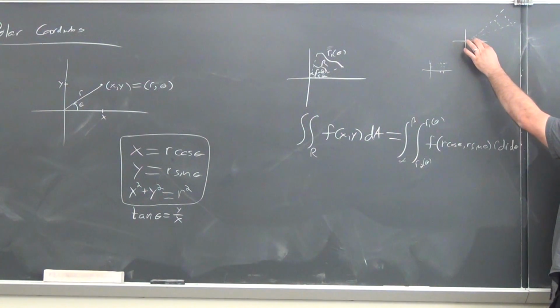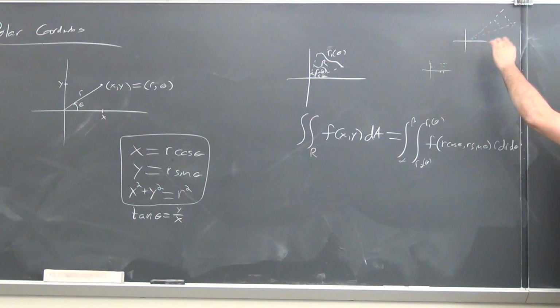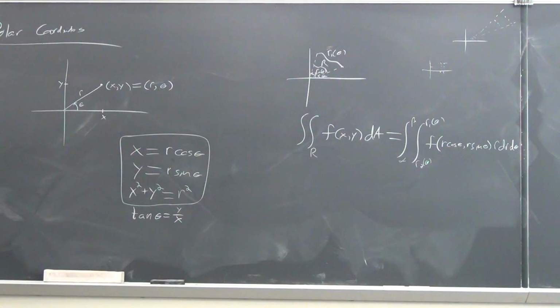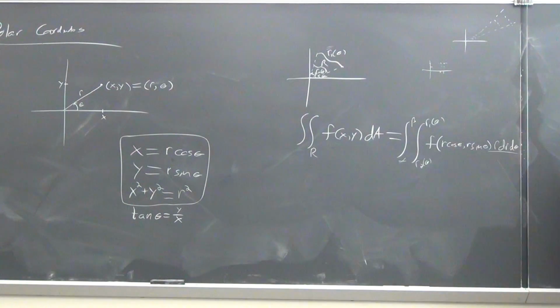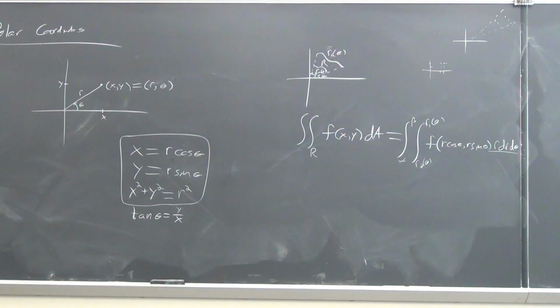You're just going to get a tiny change in area, but once you're out here, that's going to correspond with a giant change in area. And so that's where that r comes into play, and it just comes from the area of a circular sector. I don't want to get into it, but you just got to remember that you tack that piece on. Okay?